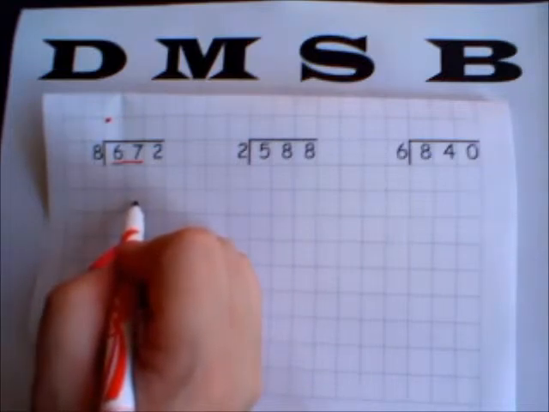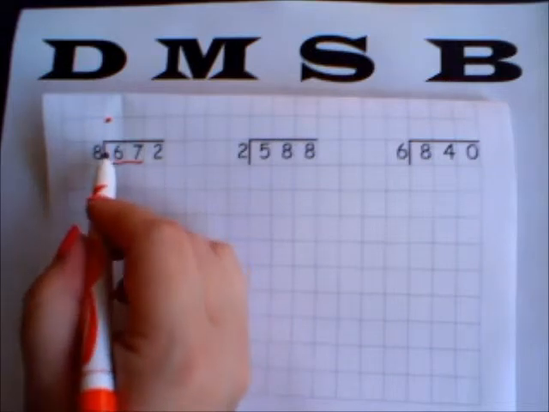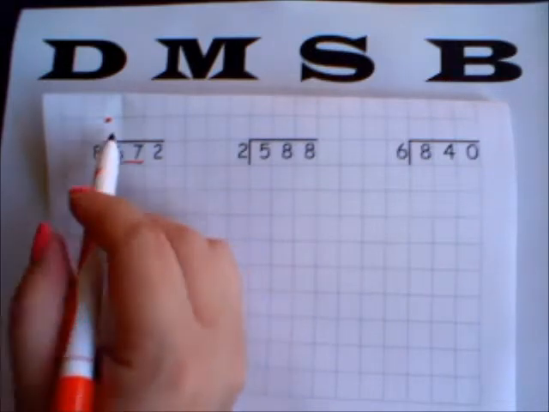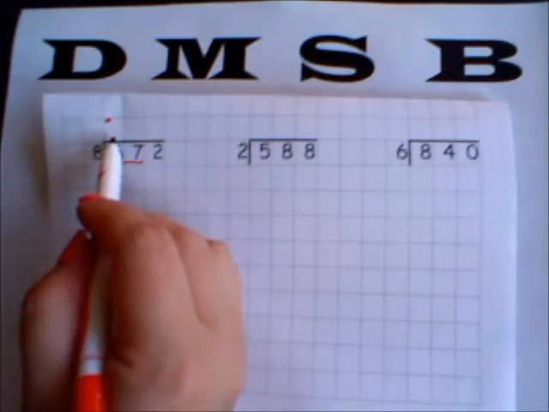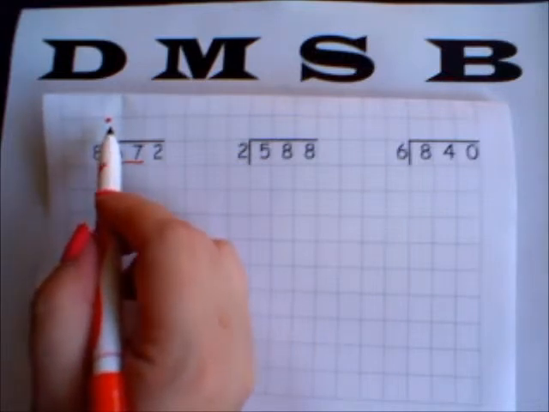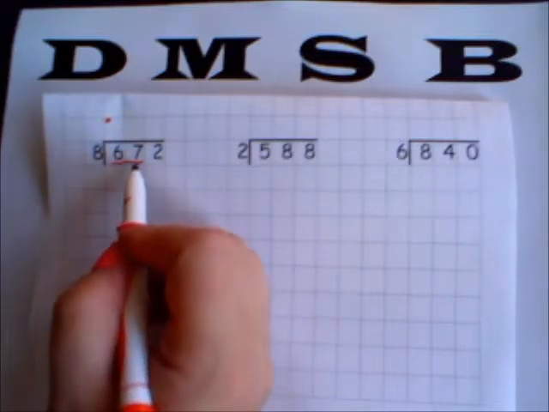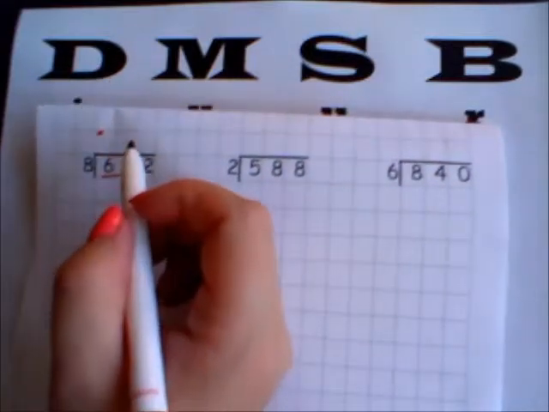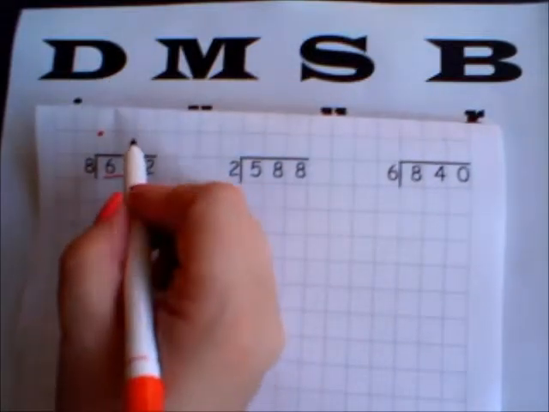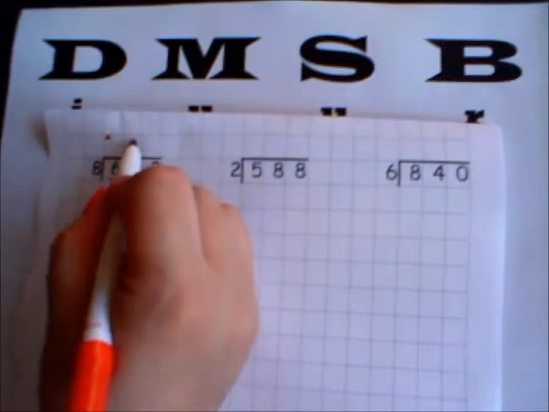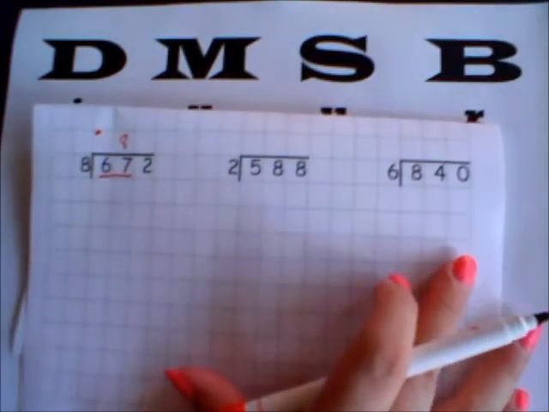So either way, you're going 8 into 67, and you started with nothing here. So a 0 in that spot or nothing in that spot is the same thing. Anyway, 8 goes into 67 8 times, so we're going to put our answer above the 7. So we're putting our 8 up above the 7.